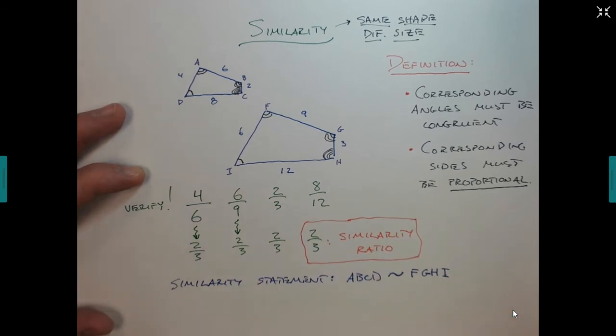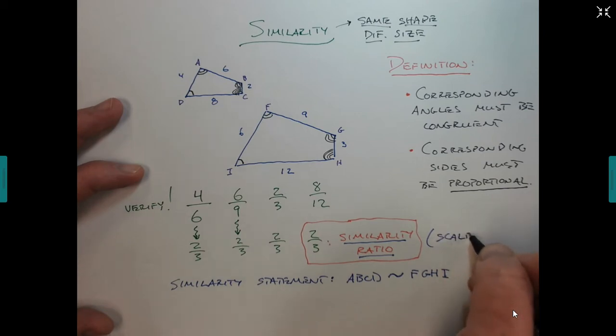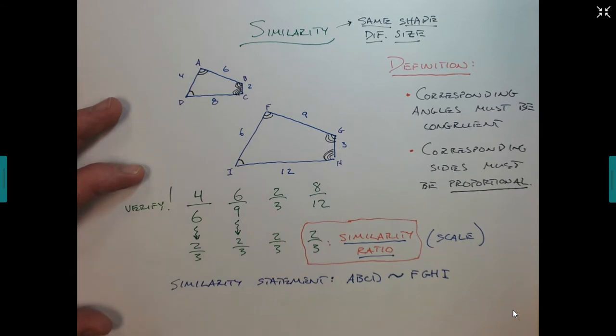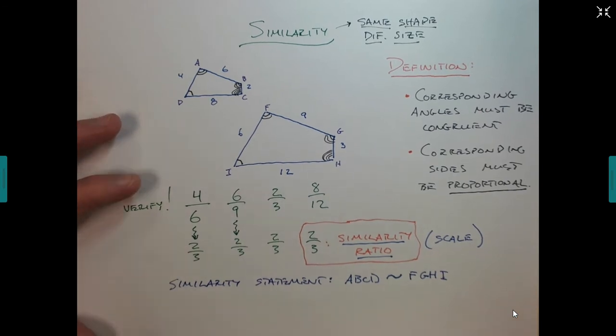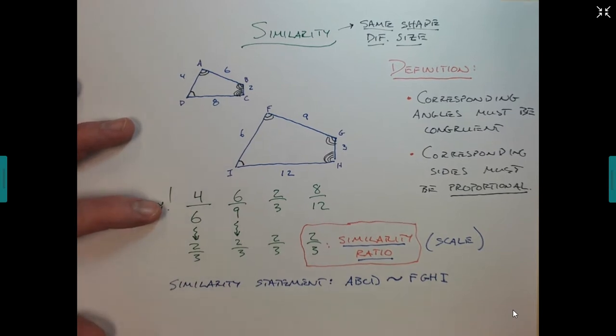So these shapes are very important. The similarity ratio is an important concept. This is what's going to allow us to find missing sides. It could also sometimes be referred to as the scale, as when you're talking about architectural drawings or blueprints. This is a 2 to 3 scale.